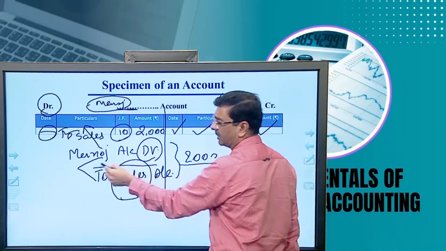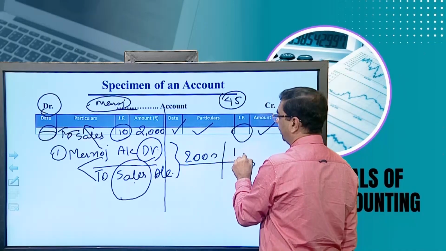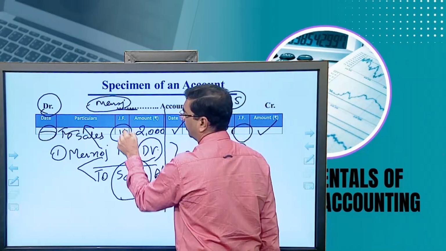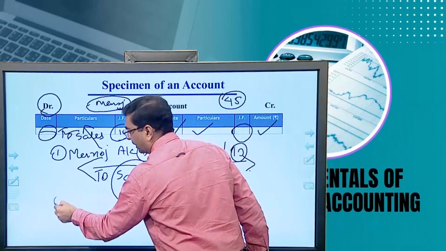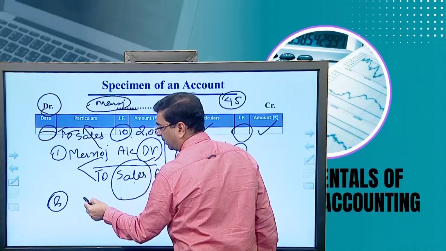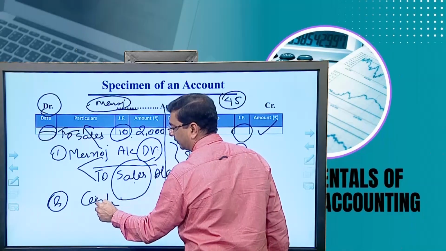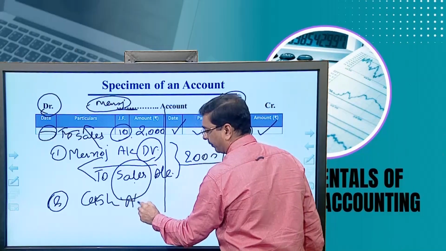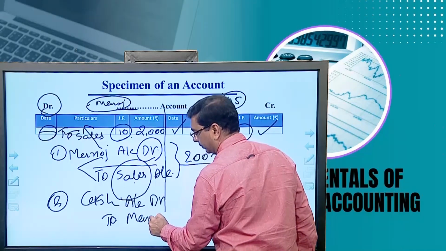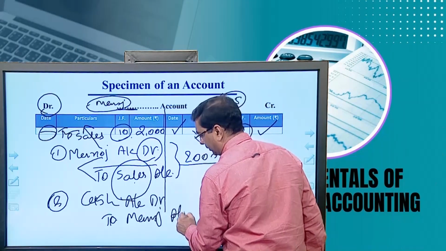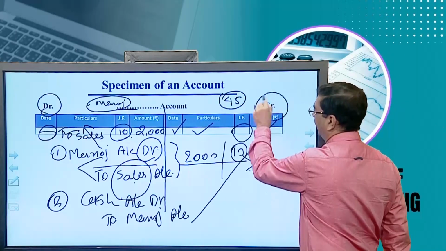Suppose these transactions were written in the general folio on page number 10, so here we write the general folio number 10. Now in the next transaction, Manoj has paid. So Manoj paid cash, cash received, cash account debit to Manoj account. Here Manoj is credit, so it will be posted on the credit side.